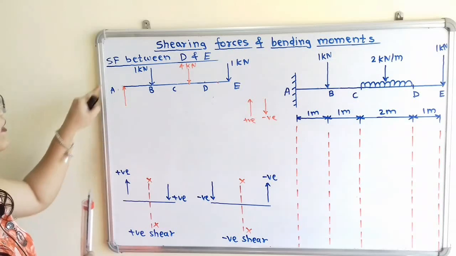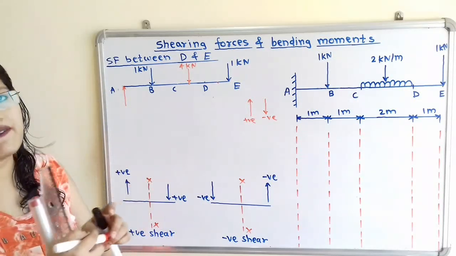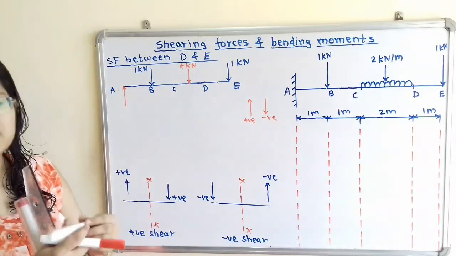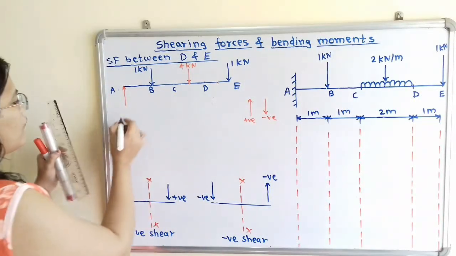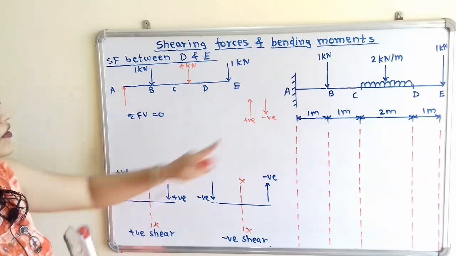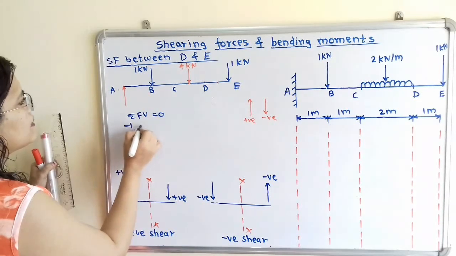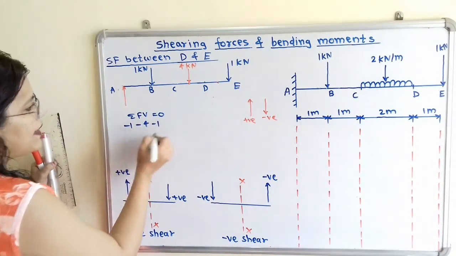Now we have to find out the reaction at point A. So we will consider the equilibrium of this given system and summation of all vertical forces is equal to 0. So forces in downward direction we will give negative sign, that is -1, -4, -1.